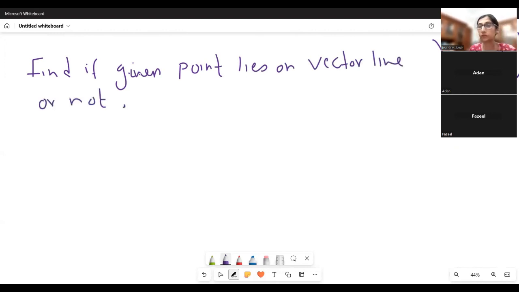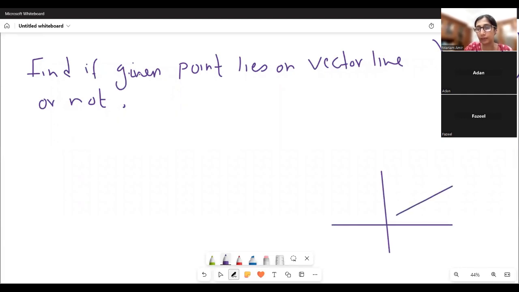You've done similar questions in 2D. They used to ask that this is the equation of a straight line, so does this point lie on it or not. What did we do in O levels? You have an equation of a line, y equals 3x plus 1.